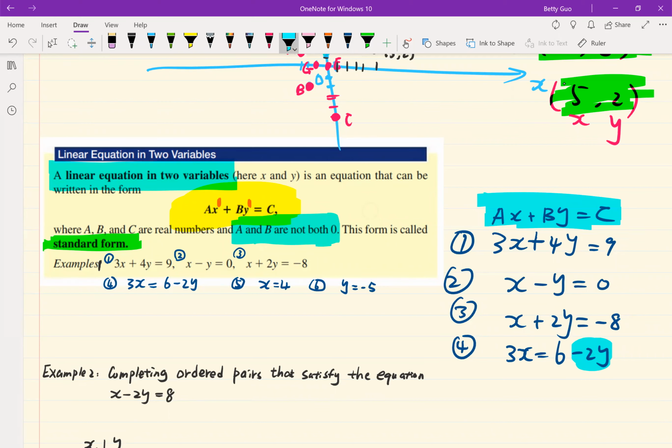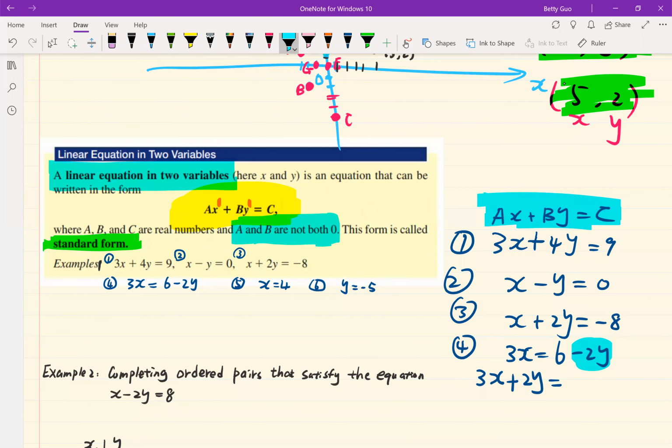I am going to move that term, negative 2y, over. Remember my transposition of terms, the technique. So I copy 3x. I move negative 2y over. Remember, move it and change the sign. We have a plus 2y on the left.